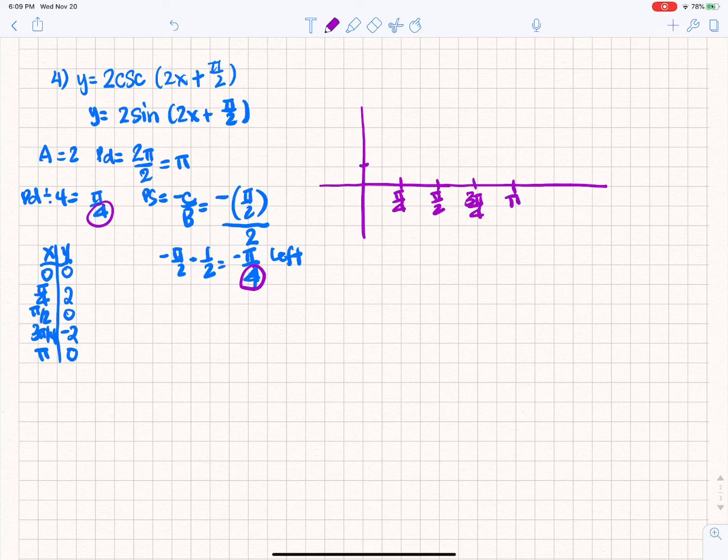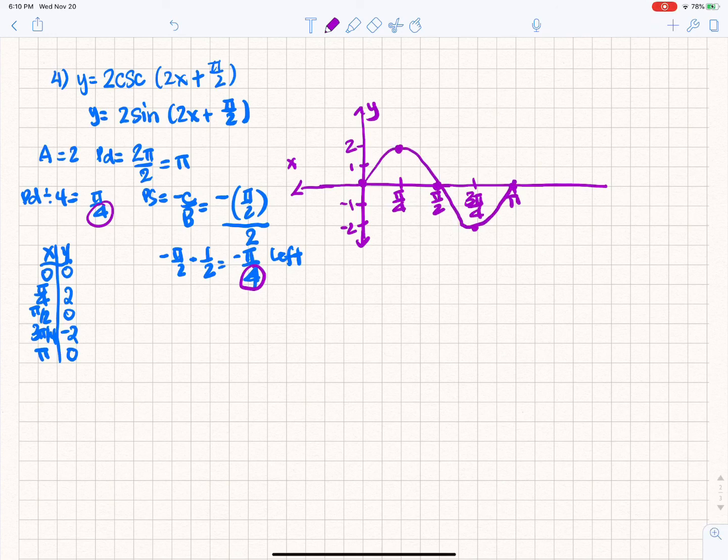A is 2. This is sine, so start at 0, up to 2, down to 0.